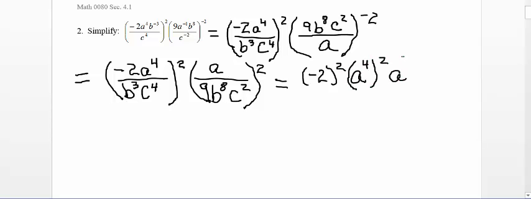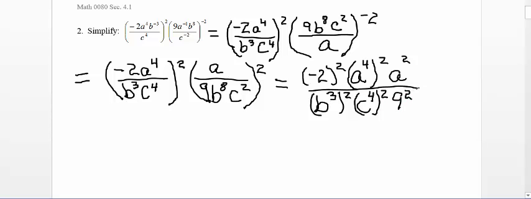So now I'm using the quotient to power rule, and also the product to power rule. So I'm squaring everything in each numerator and every expression in each denominator.